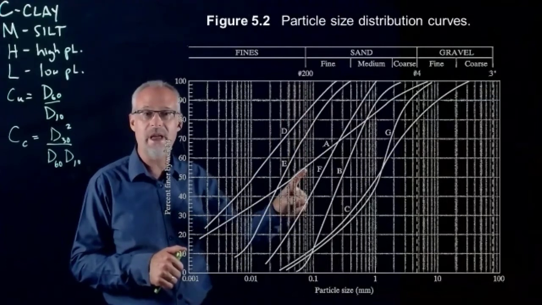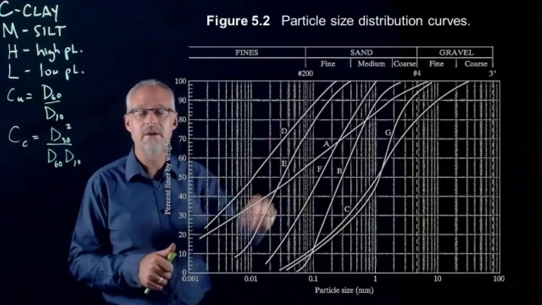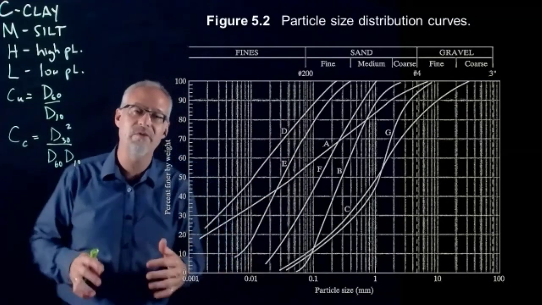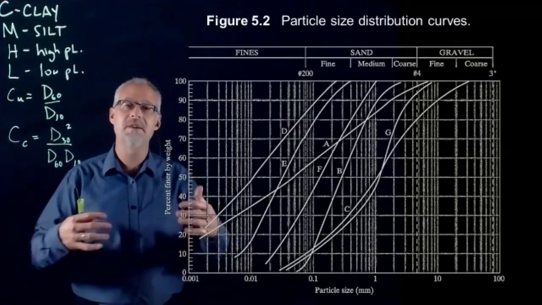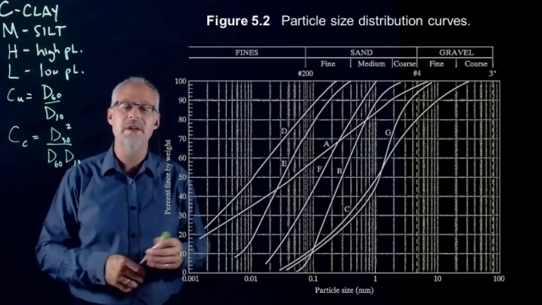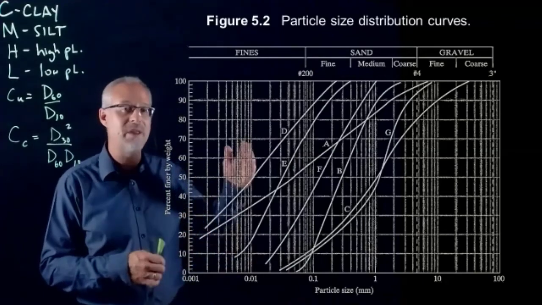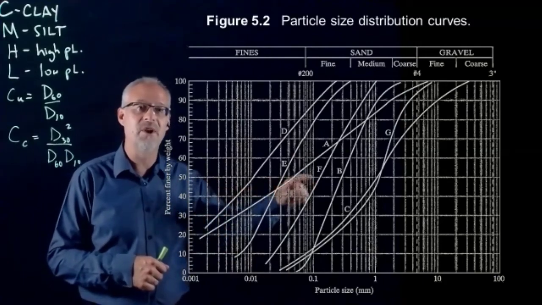So soil A, soil E, and soil D appear to be what we would classify as a fine-grained soil. And that's the first lesson in tonight's classification: how do we decide if it's a coarse-grained or a fine-grained soil? It's really that 50% line combined with the number 200.